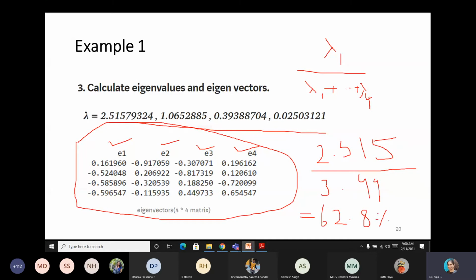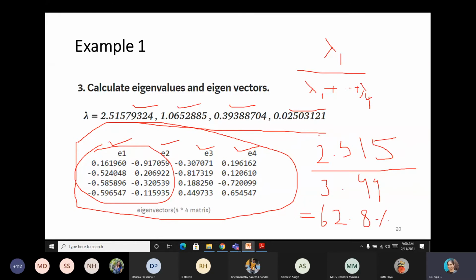So 62.8% of the contribution of the feature values entirely comes from this particular lambda value. Similarly, I can find the percentage for all of them, and whichever has lower values I can ignore, and take only the top 2 eigenvalues and the corresponding eigenvectors, because the rest do not contribute much.